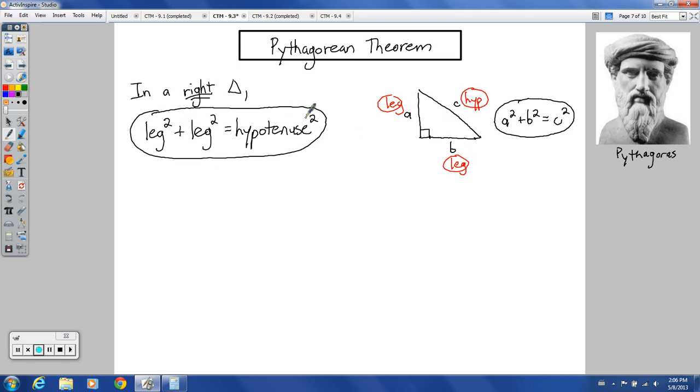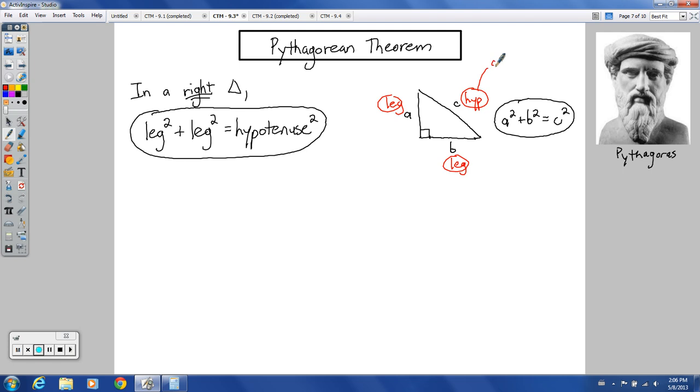I want you to remember it like this though, because those letters won't always be the same. They could even switch the letters around on you. They could make them Greek letters. They could make them just crazy symbols. Whatever you want for a variable can go in here, here, and here. But the legs are always the perpendicular parts, and the hypotenuse is always across from the right angle. Let's make a little note of that right here.